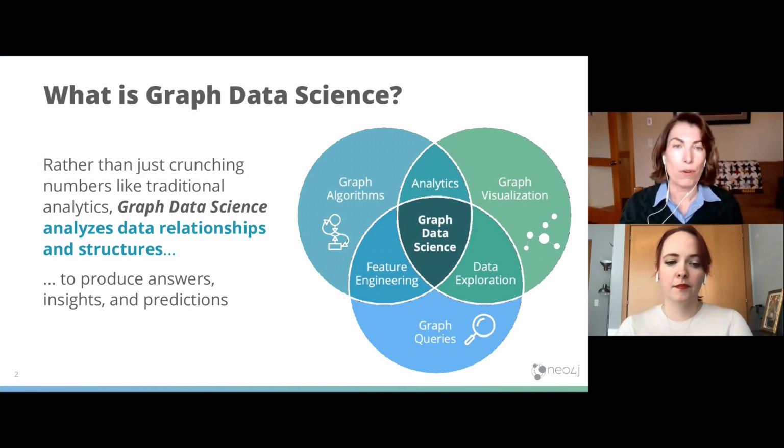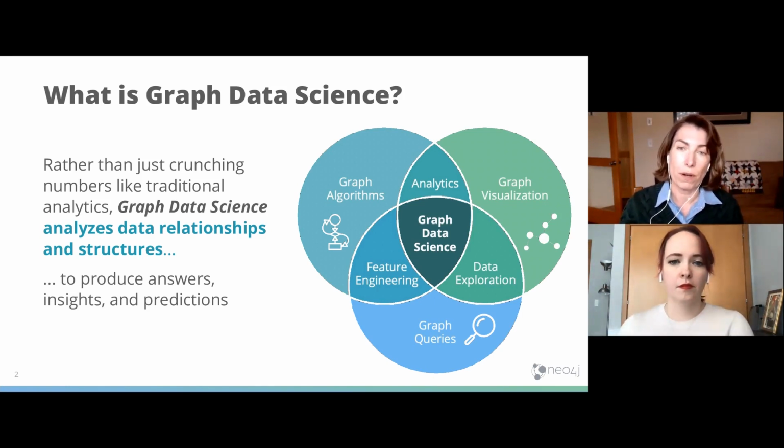So to start with, it's nice to do a little level set on, well, what do we mean by graph data science? In general, if you're familiar with data science, where you're trying to answer questions with data, this is the same thing, only you're using relationships. As opposed to just crunching traditional numbers, you're looking at the relationships between things.